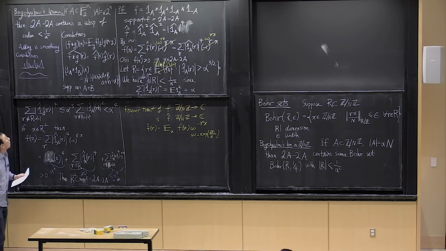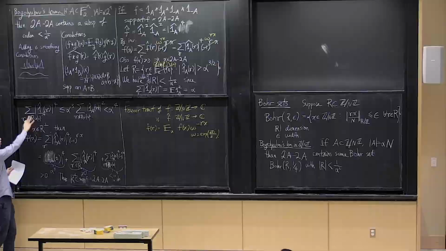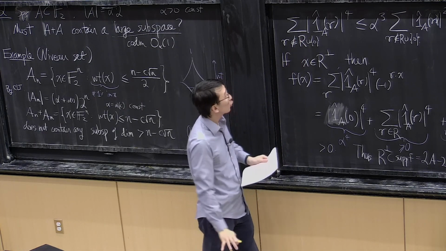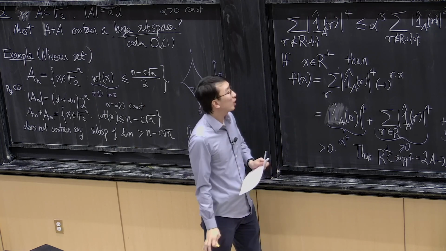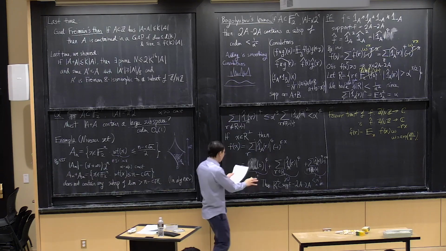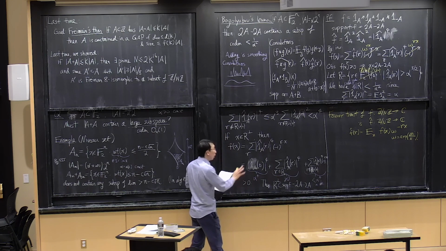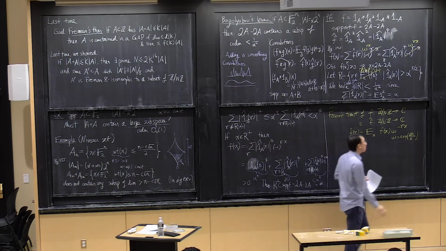This part is still the same, the same calculation. Now it's the very last part that needs to be just slightly changed. Where does the 1/4 come in?